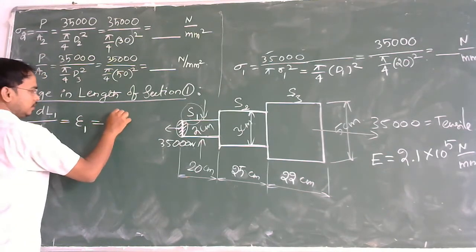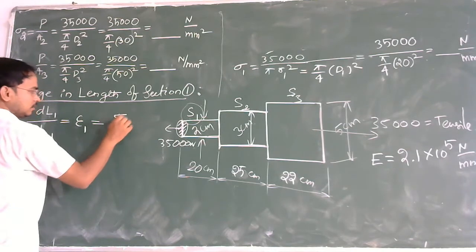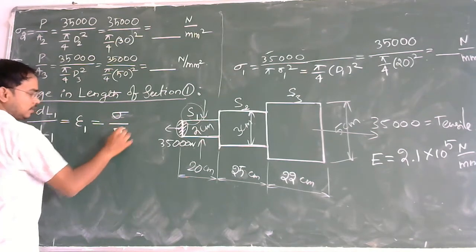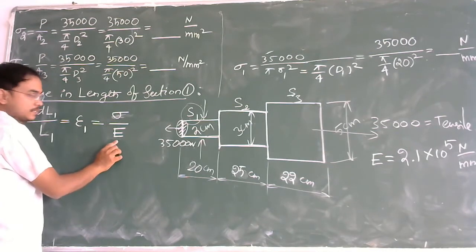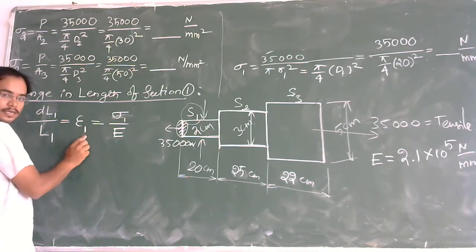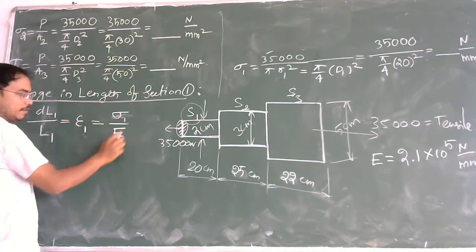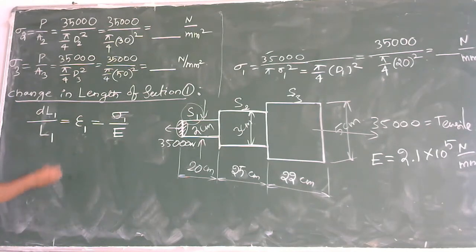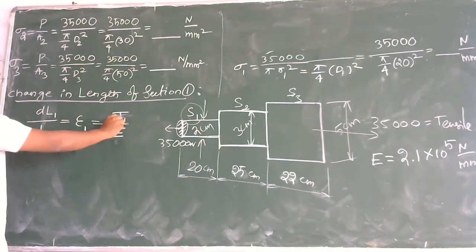So it is stress by Young's modulus E. Here stress is sigma 1 because it is epsilon 1, so sigma 1 by E. Sigma 1 we already calculated.